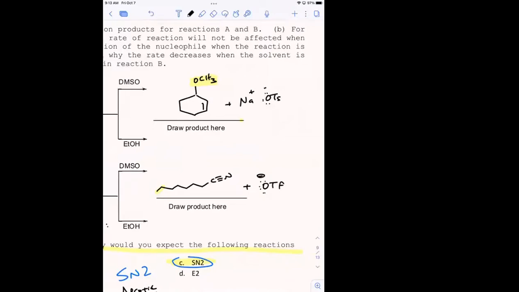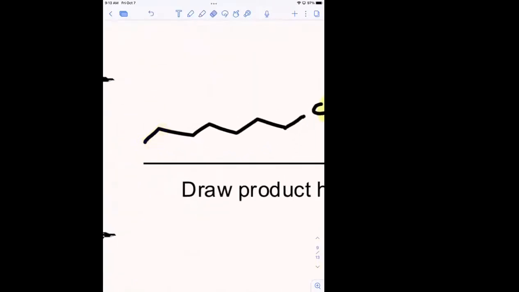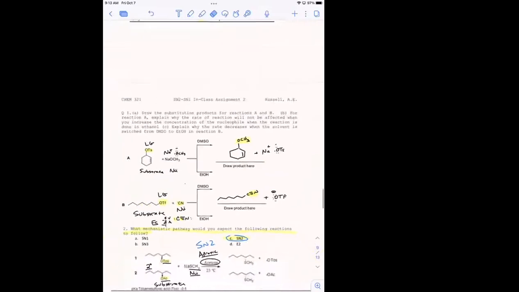All right. So that's the hard part. So now let's go and answer the questions. We've already done A. All right, for B, it says, for reaction A, explain why the rate of reaction will not be affected when you increase the concentration of the nucleophile when the reaction is done in ethanol.